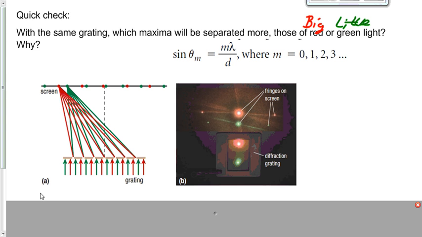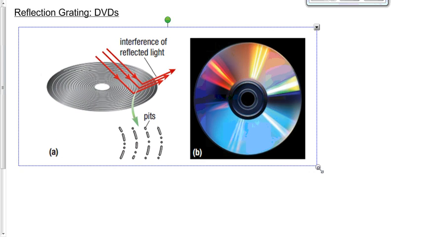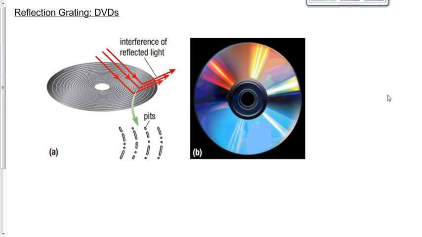Now let's take a quick look at some neat ideas here. We talked a lot about transmission gratings, but we have kind of ignored reflection gratings. Luckily, the analysis is exactly the same. One of the neat things is that you probably have reflection gratings. They're certainly falling out of use now, but CDs, DVDs, HD DVDs, or Blu-ray DVDs can actually serve as reflection gratings, because really what they are is a bunch of tracks, and the tracks are made of different pits and valleys.